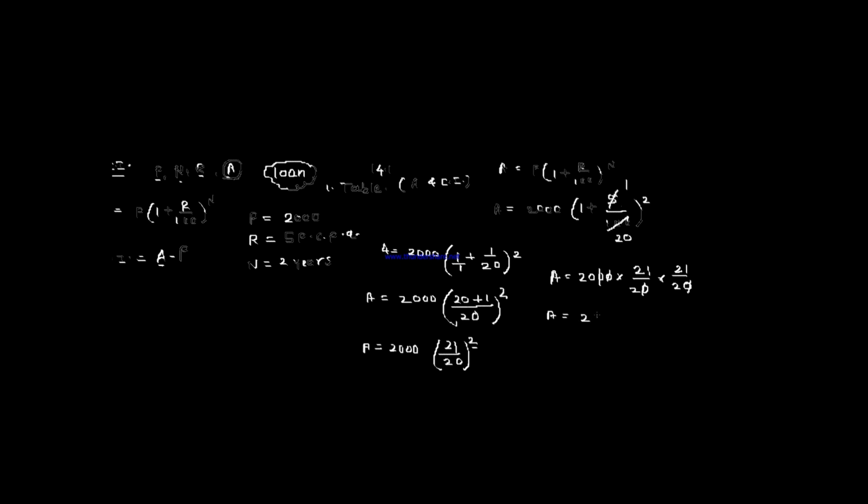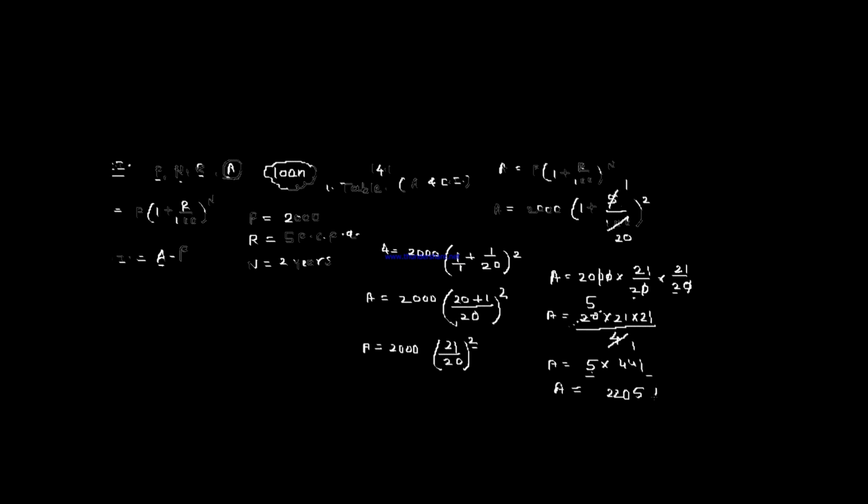What else is remaining? 2 twos are 4, and then 4 fives are 20. Now 21 twenty-ones are 441. And now what is your final answer? A: 5 ones are 5, 5 fours are 20, 20 plus 2 is 22.